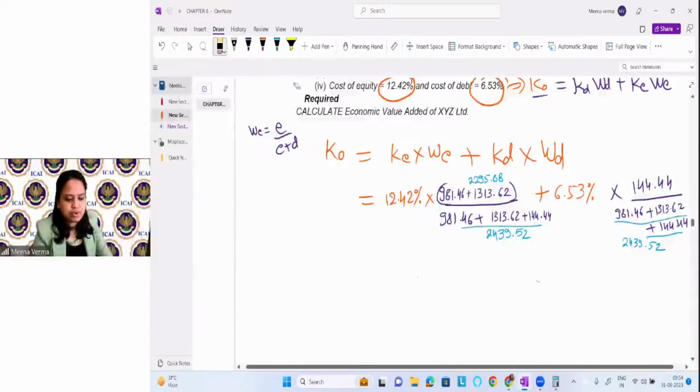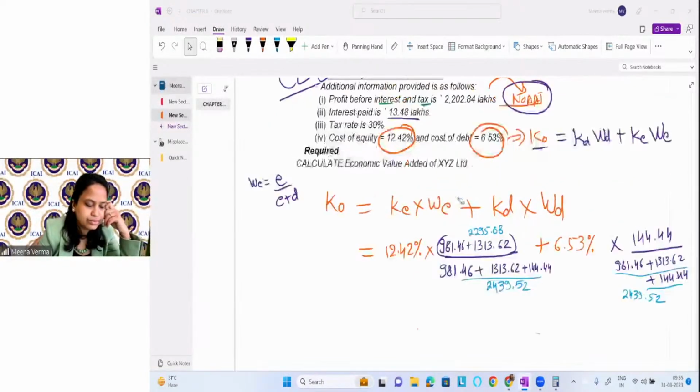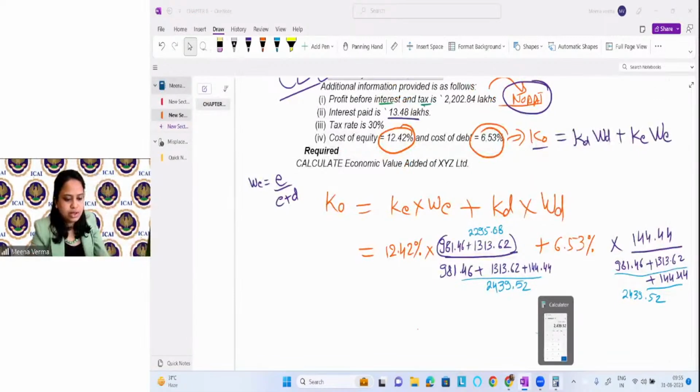Solve it and tell me what the overall cost of capital will be here. So this will give you the right answer. Just solve it and tell me what it is coming to. Okay, let me help you.